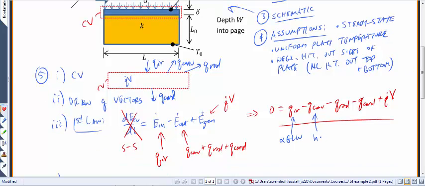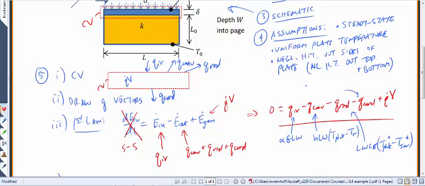Convection will be H times the area it's acting on, which is L times W, times the temperature difference, that of the plate minus the fluid, since we have the arrow being drawn from the CV out to the surrounding fluid. So it'll be T plate minus T infinity. Q rad will be the area at the top of the plate, which is L times W, times epsilon times sigma, times the temperature of the plate to the fourth minus the temperature of the surroundings to the fourth.